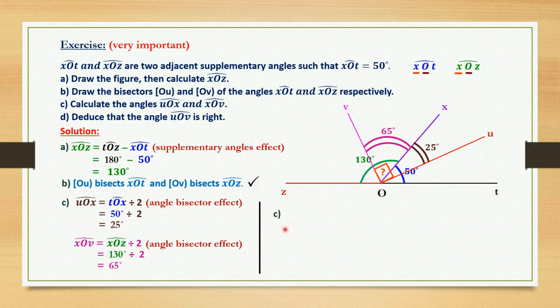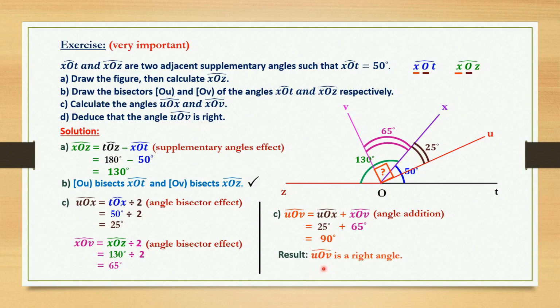So UOV is equal to UOX plus XOV. What is the reason? Angle addition. It equals 25 degrees plus 65 degrees equals 90 degrees. And as a result, the angle UOV is a right angle. Result: UOV is a right angle.